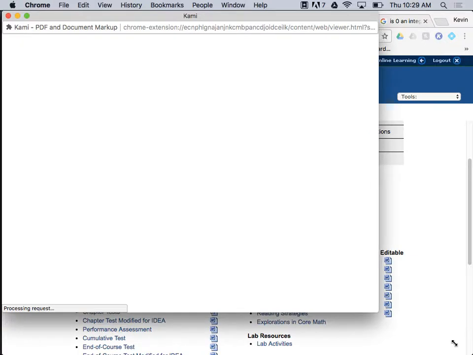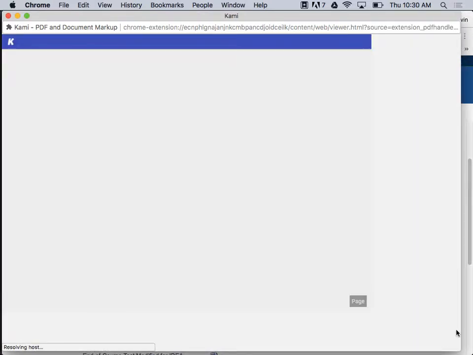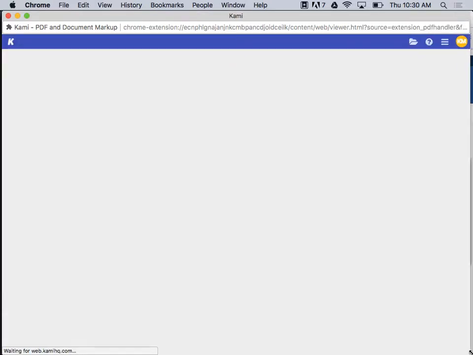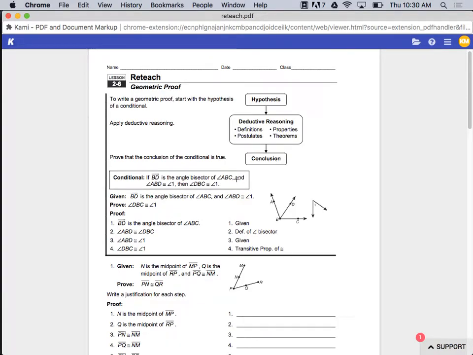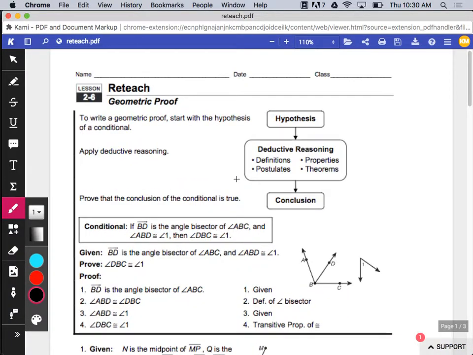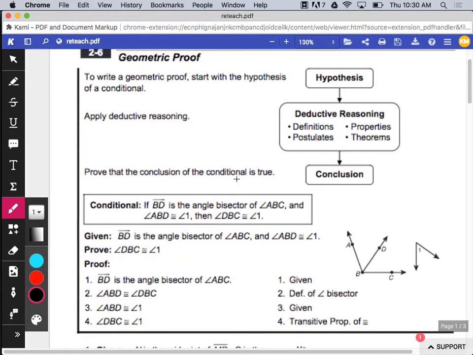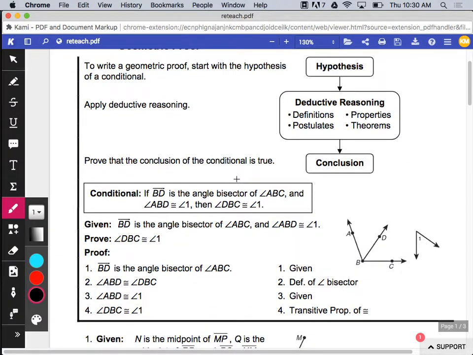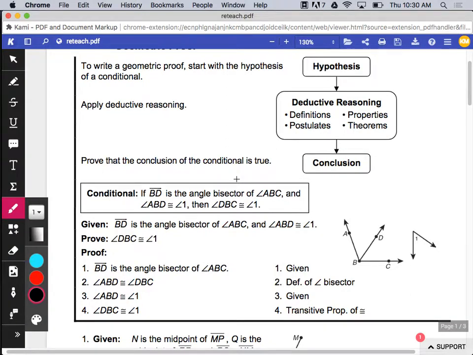So the worksheet that I just handed out to you says reteach on the top. And it kind of marches you through a question. So let's take a look first. Yes, sir? You guys didn't get one? Anyone else not get one?